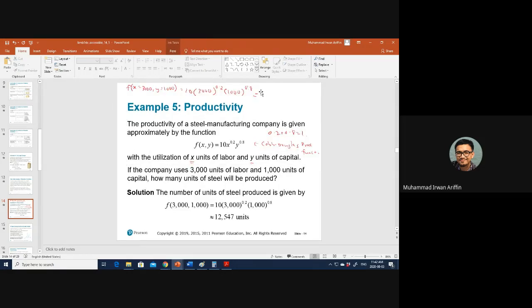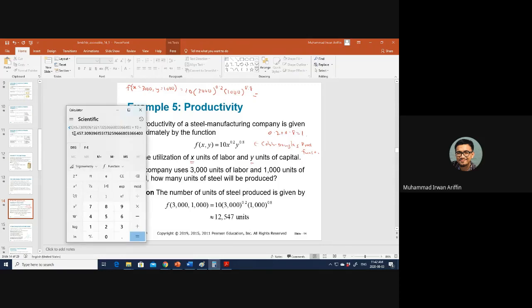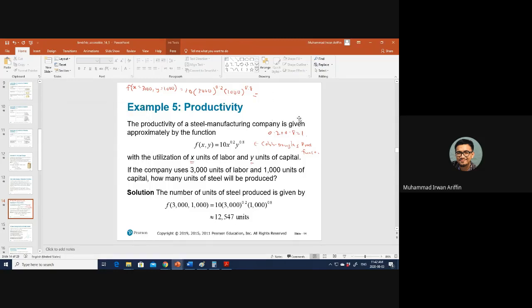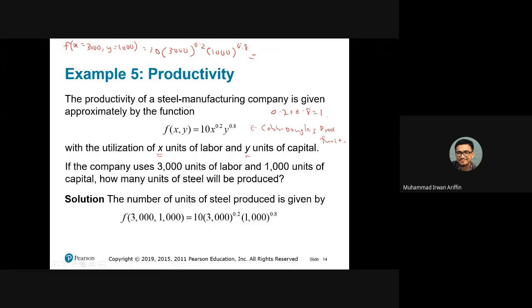Oops. So where is my calculator? This now is 12,000. Okay, I need to get back to my slides here. So yeah, more or less this number, 12,547 from our calculator.